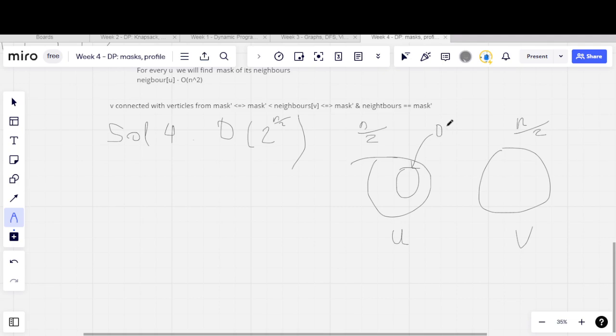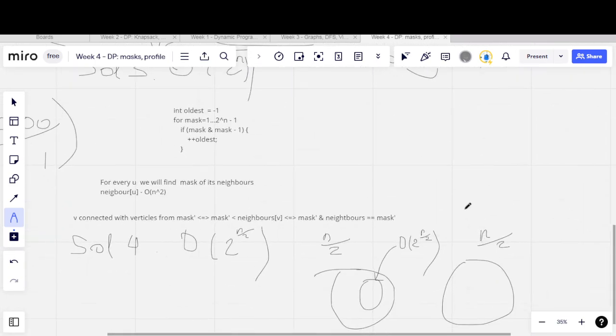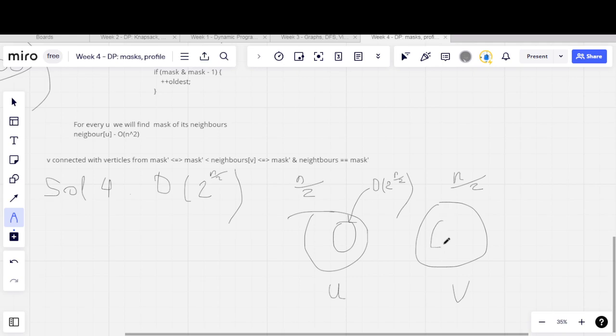It will be O(2 to the power of n divided by 2) according to this solution. Then we want to calculate two dp arrays.